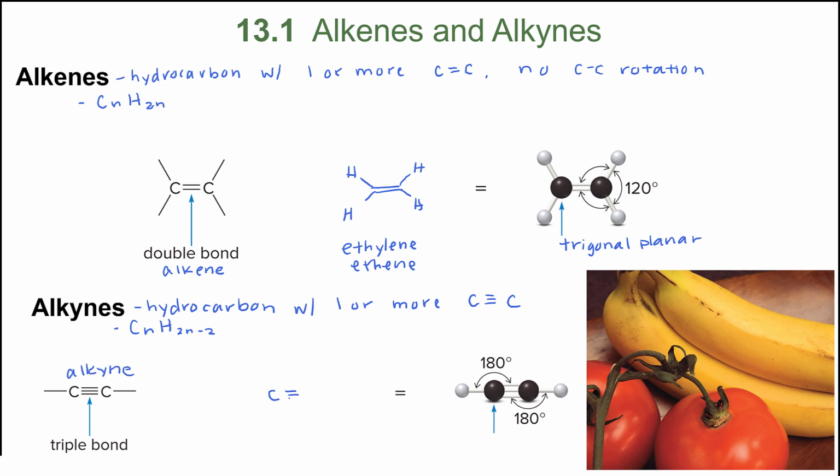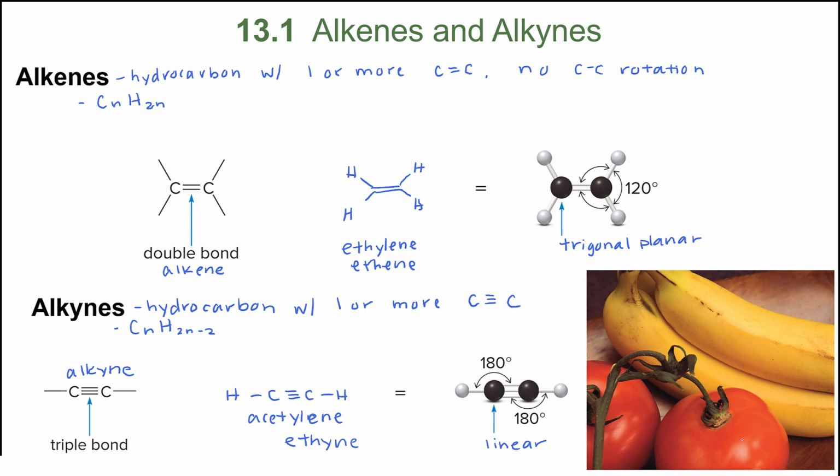An example of the simplest one is acetylene. That's the common name, which could be confusing, I suppose, because it has that ene ending. The IUPAC name for this is ethyne. So it has that eth beginning and then the yne ending for alkyne. Each of these bonds is linear, or the shape is linear, and the bond angle is 180 degrees.